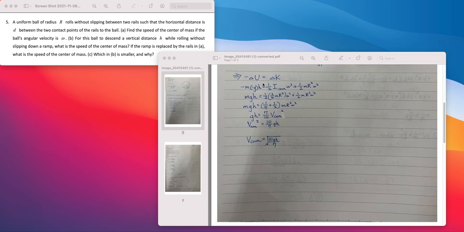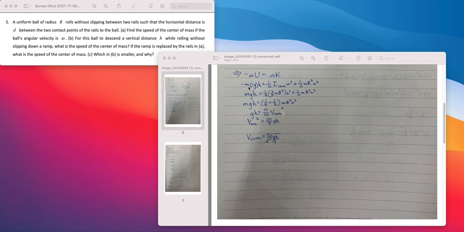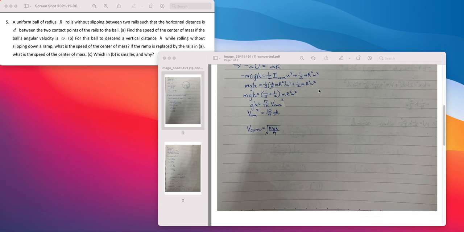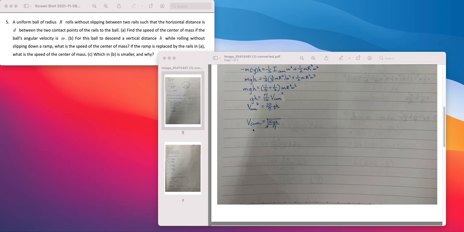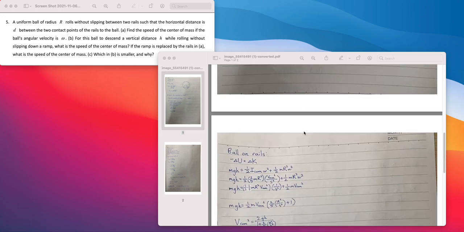Therefore, a negative change in the potential energy is equal to the change in the kinetic energy. And thus, mgh is equal to the pure rotation plus the pure translation. After simplifying the expression, we get that the velocity of the center of mass is equal to the square root of 10gh over 7.